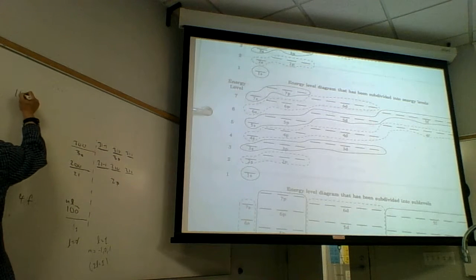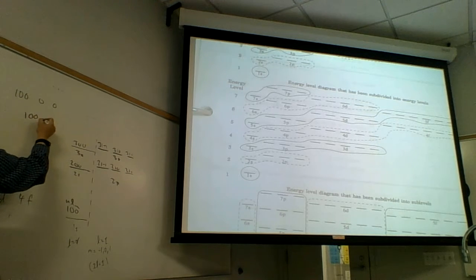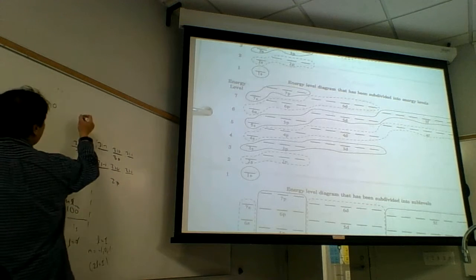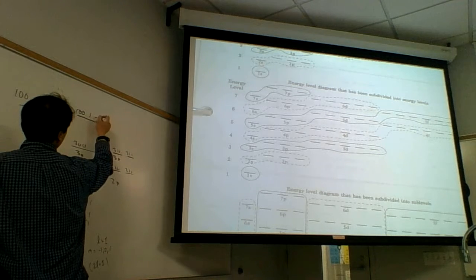We start off at the 100, 0, and 0, which is called the 100s orbital. And then what's allowed? You would have the 100, 1, negative 1.